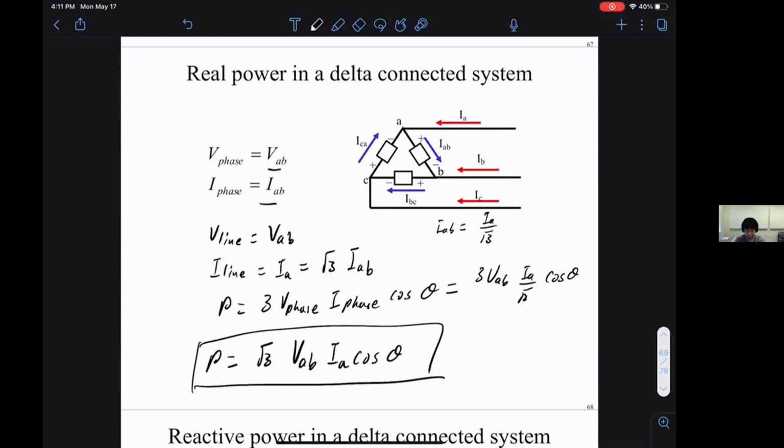The √3 at the bottom cancels part of the 3, leaving √3 VAB IA cosine theta. There's a root 3 in front, not a 3.